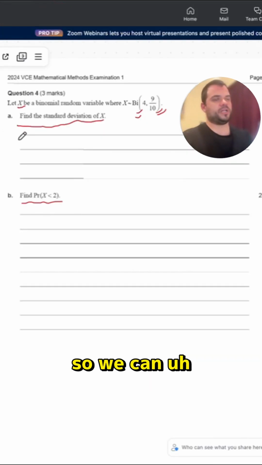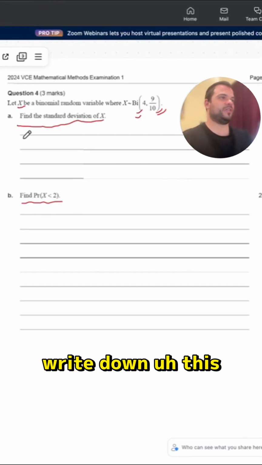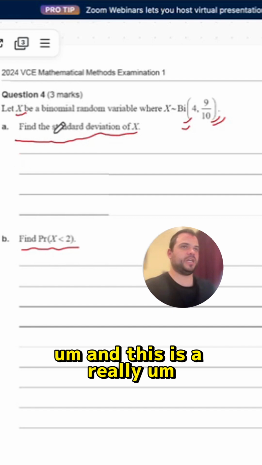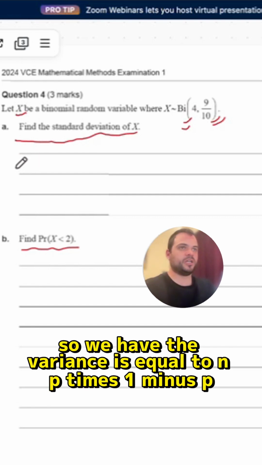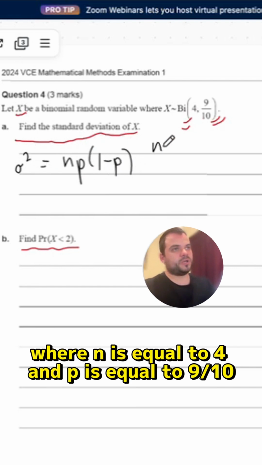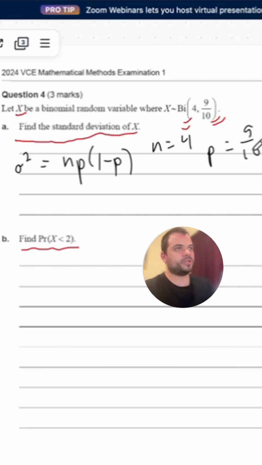So we can write down this, and this is a really simple calculation question. So we have the variance is equal to np times 1 minus p, where n is equal to 4 and p is equal to 9/10.